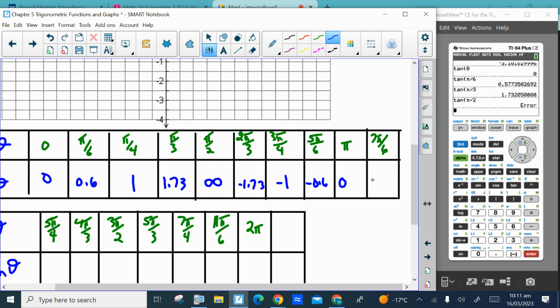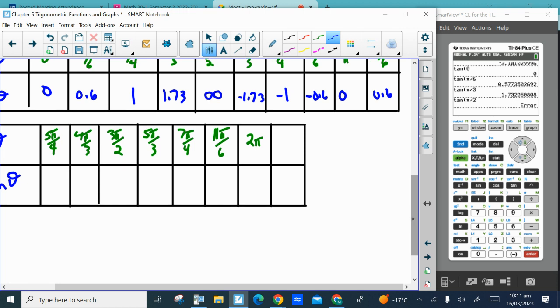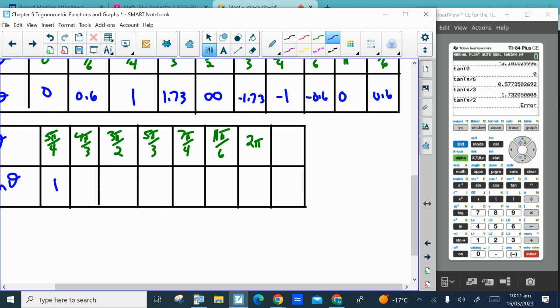At 7 pi on 6, it's 0.6. At 5 pi on 4, it's positive 1, 1.73. At 3 pi on 2, again, it doesn't exist. That's where our next vertical asymptote will be. And here's the remaining values.